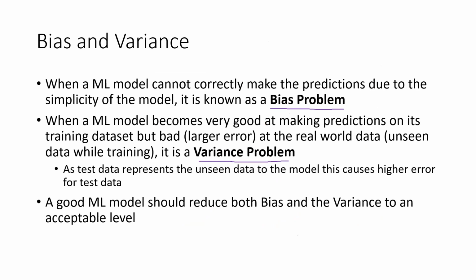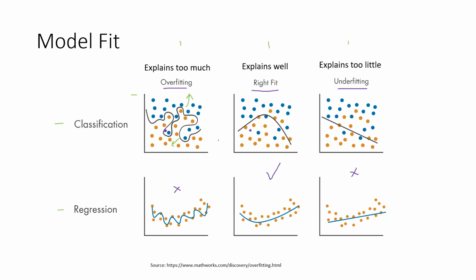What is bad about the variance problem is that this machine learning model would be very good at predicting the data in the training set. So this is the training set, and the model has overfitted into the training set.